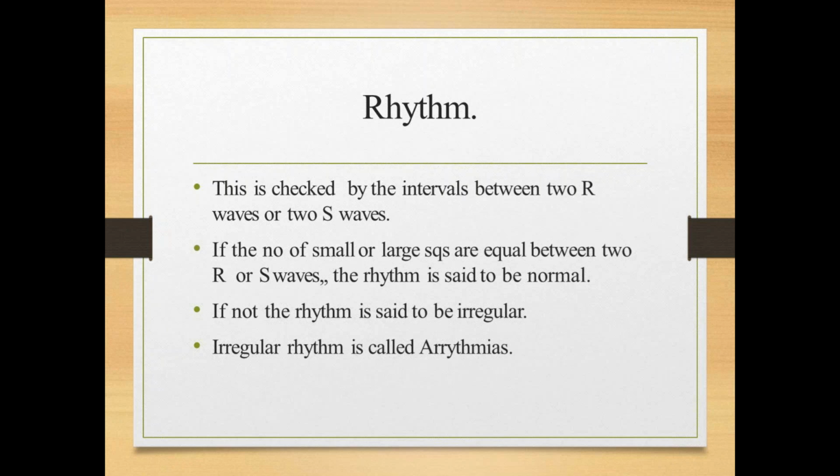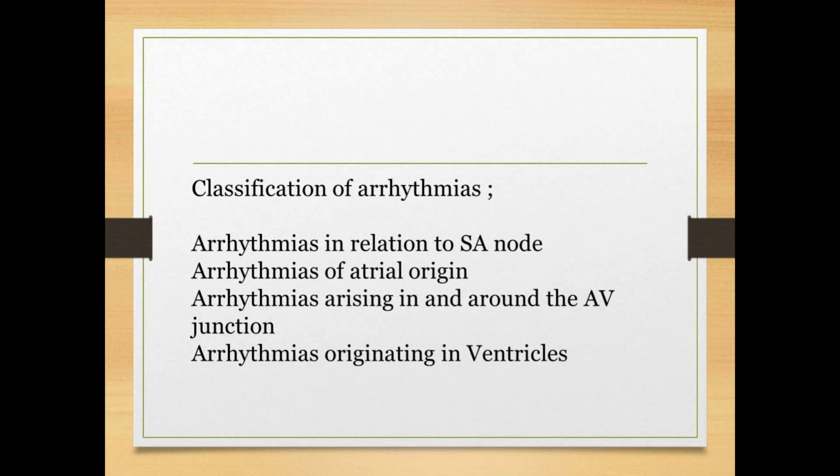If the interval between the QRS complexes is not regular, then the rhythm is said to be irregular, and irregular rhythm is called arrhythmia. Regarding the classification of arrhythmias, like I told you, the conduction begins from the SA node, the pacemaker of the heart. So arrhythmias can start from the SA node, and can be of atrial origin.